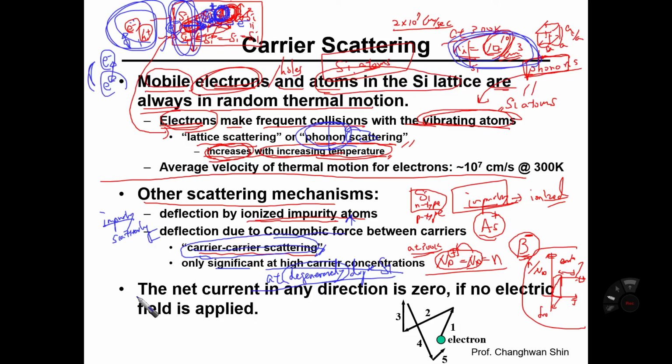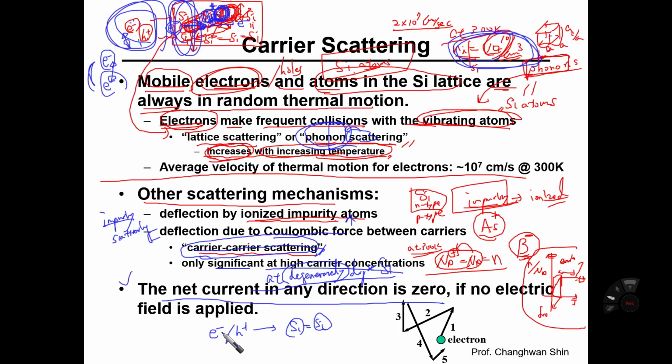Okay, and the last message in this slide is that the net current in any direction is zero. This is very important. We are saying that the electron or hole is moving around the silicon material, and now we have learned what kind of scattering events can happen.